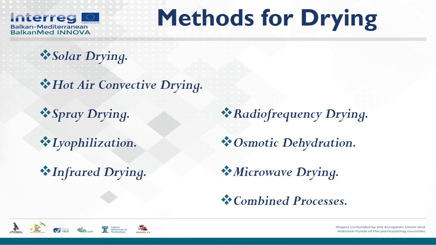Microwave drying is an efficient method for post-harvest processing because it has low energy consumption and high product quality. Compared to convective drying, microwave can be advantageous due to its volumetric heating and reduced processing time.